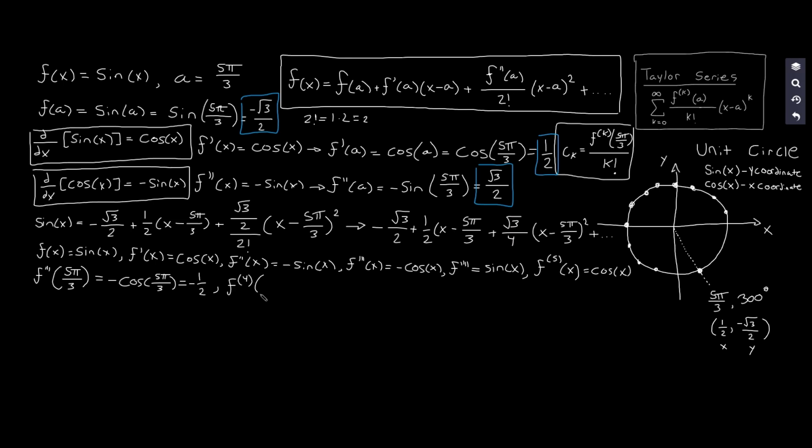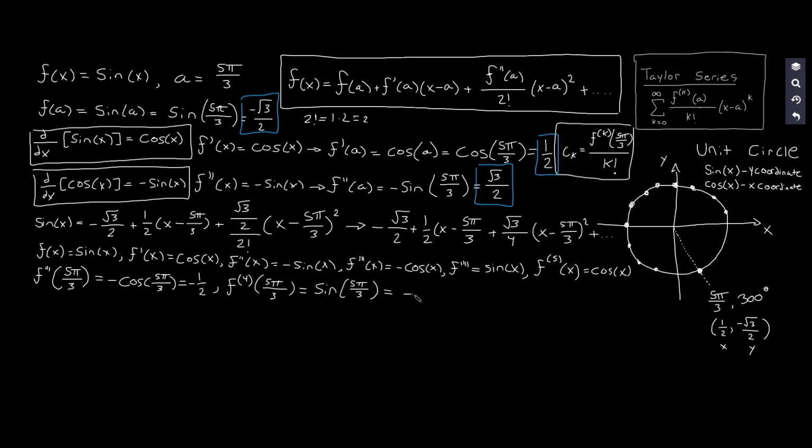The fourth derivative, and then in the parenthetical statement here, we'll put 5 pi over 3. That's going to be sine of 5 pi over 3, because we know the fourth derivative.